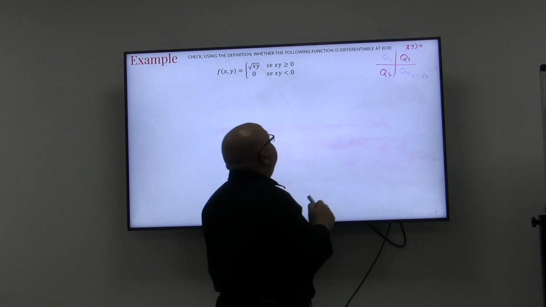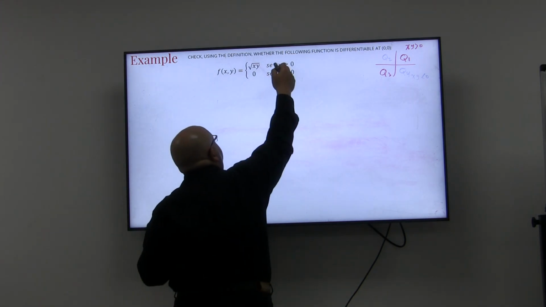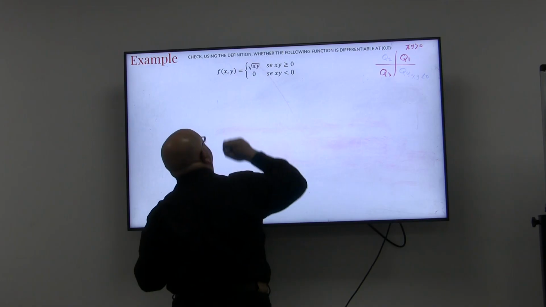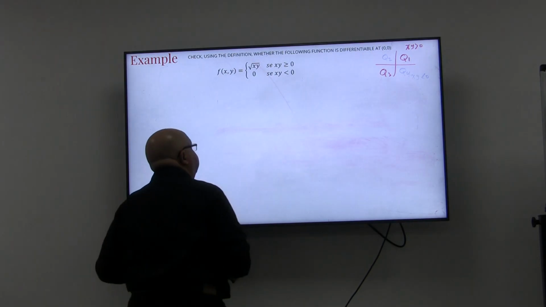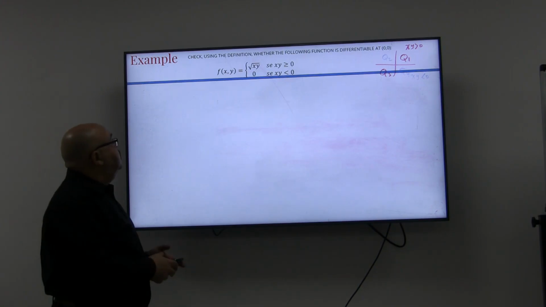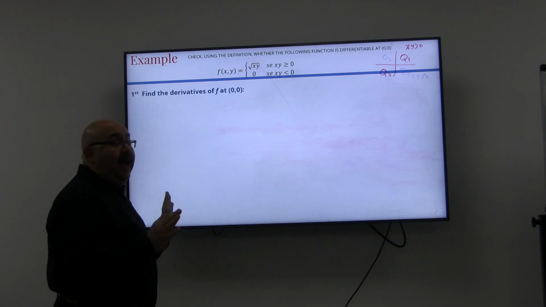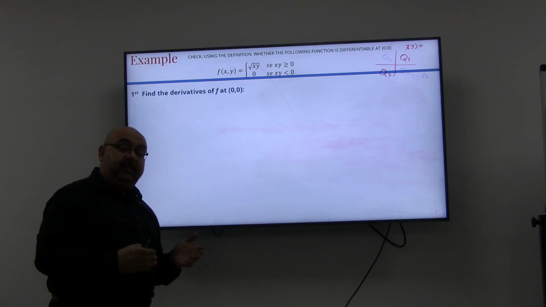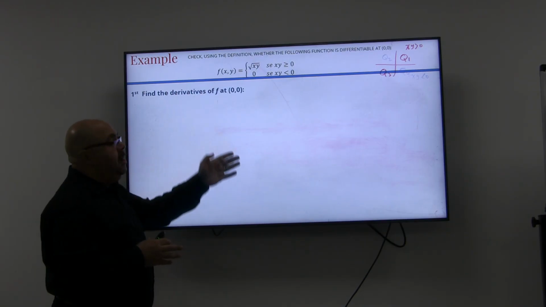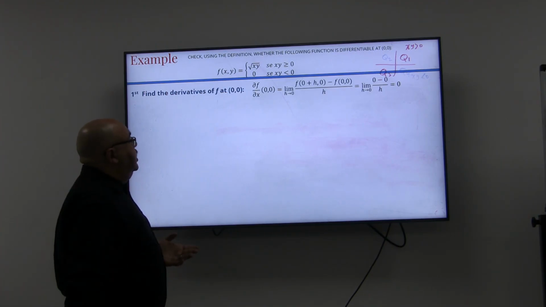So if your x times y belongs to greater than or equal to 0, I will use the root of xy, otherwise it will be 0. I want to check the differentiability of this function, and of course at the main point, which is the origin. So all I have to do is to get the partial derivatives once more. Since my function is defined on more than one domain, I will use the definition.